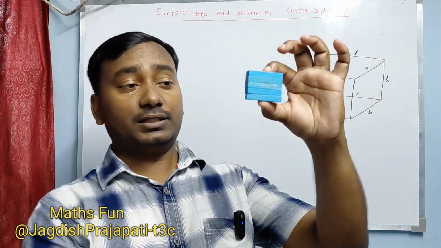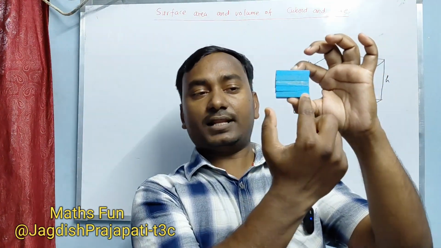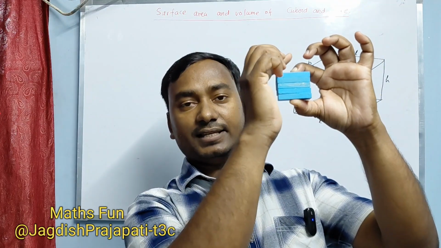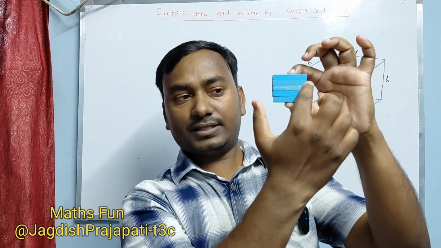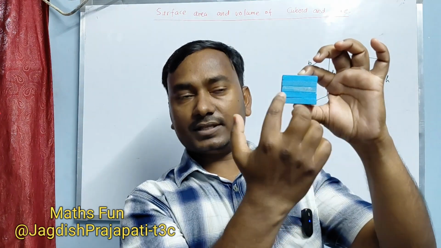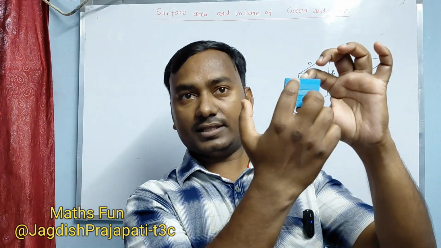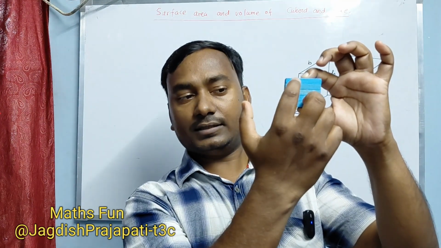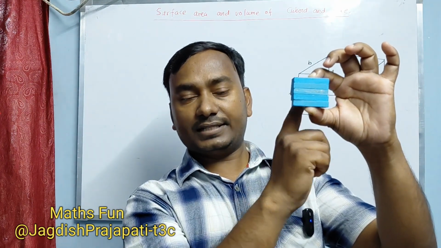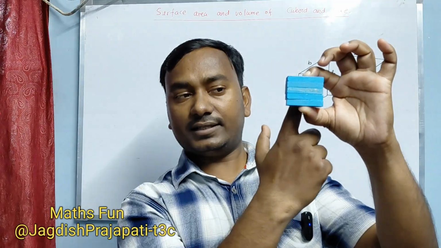Now if you assume this is L, this is B, and this is H, so the area of this surface will be L into H, and the same will be on the back side.